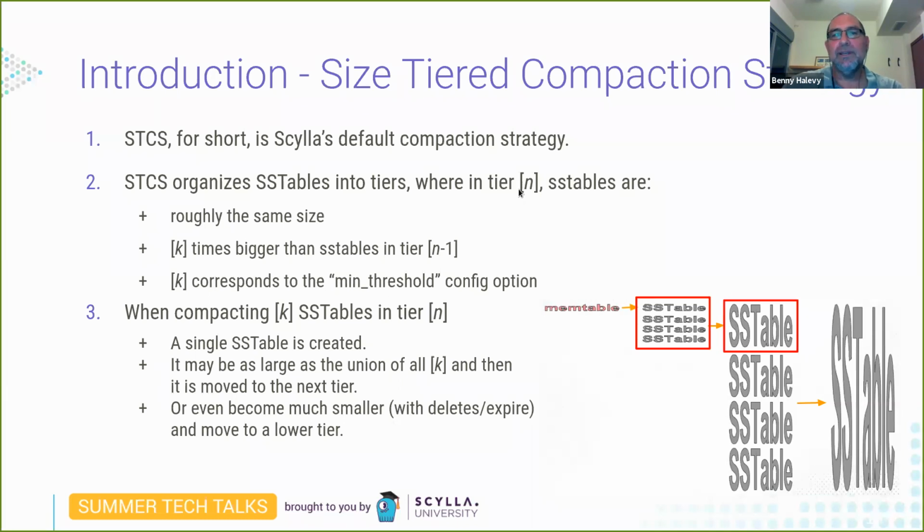Now, it may be as large as the union of all k SSTables if they contain mostly unique data and barely overlap, and then it is moved up to the next tier. In other cases, it may even become much smaller if the input SSTables have lots of deletes or lots of expired data. In this case, the output SSTable might be moved to a lower tier.